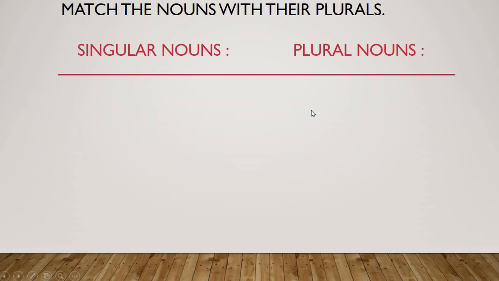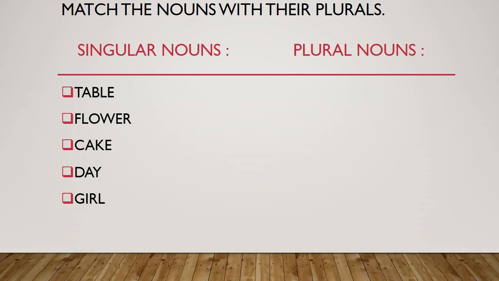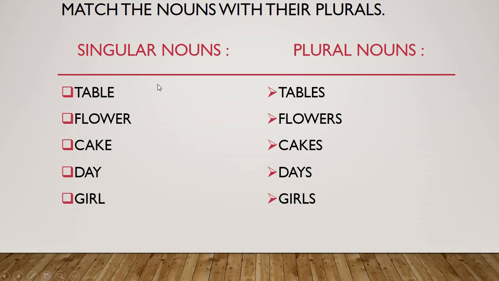Now let's see what the correct answers are, whether what we matched is correct or not. So quickly write down the answers, students. I'll give you the time, I'll read it twice. Quickly write down the correct answer on this side of your page. Table is matched with tables. Just added s at the end to make it plural. Flower is matched with flowers.